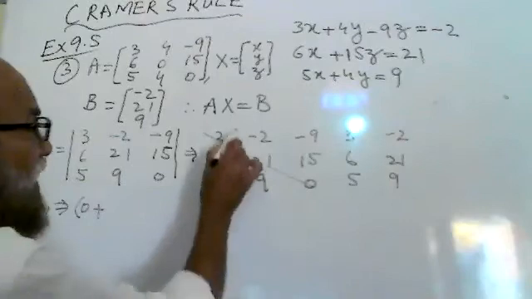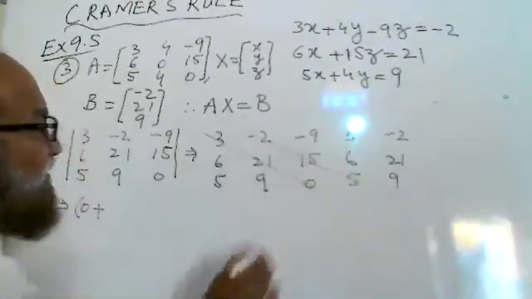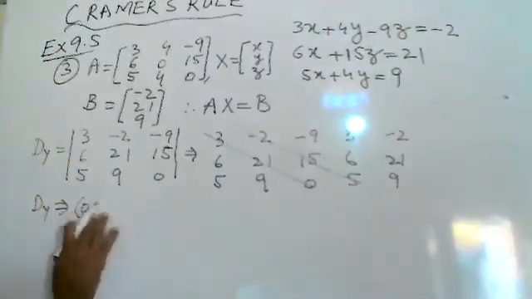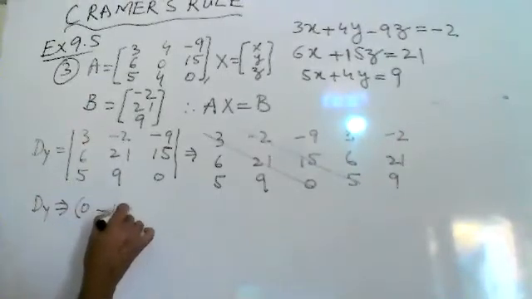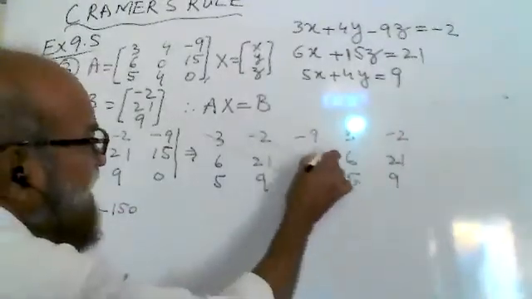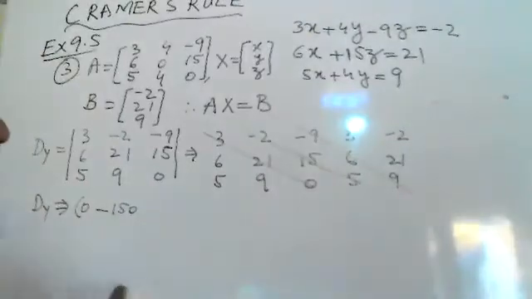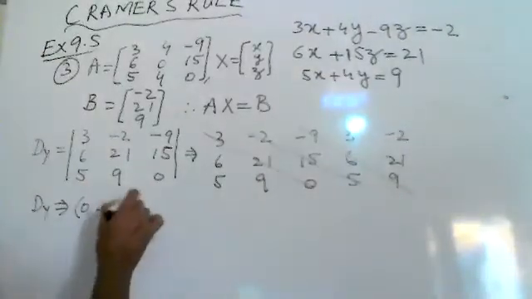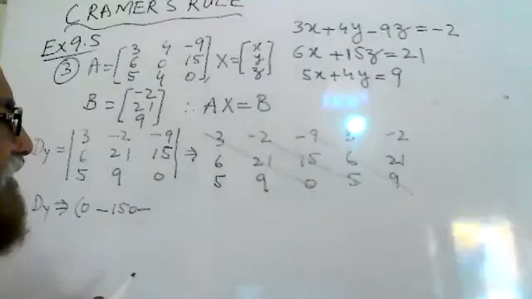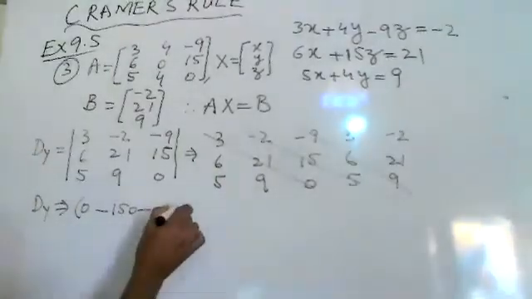Plus minus 2 into 15 into 5 will be minus 150. Minus 9 into 6 into 9, so it will become minus 9 into 9, 81. 81 into 6, 6 ones are 6.